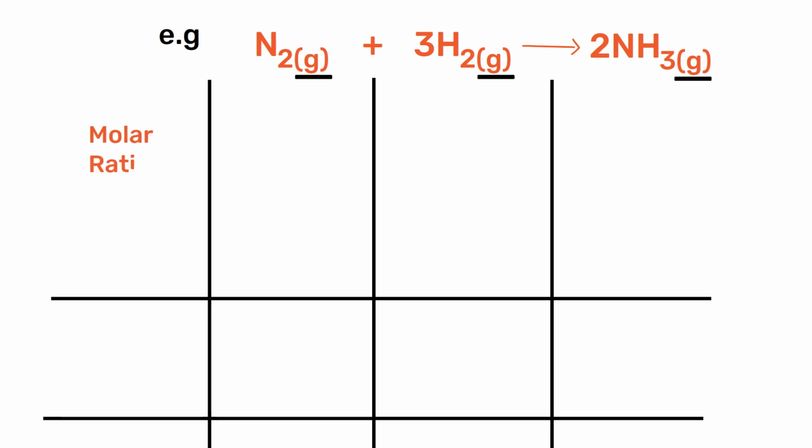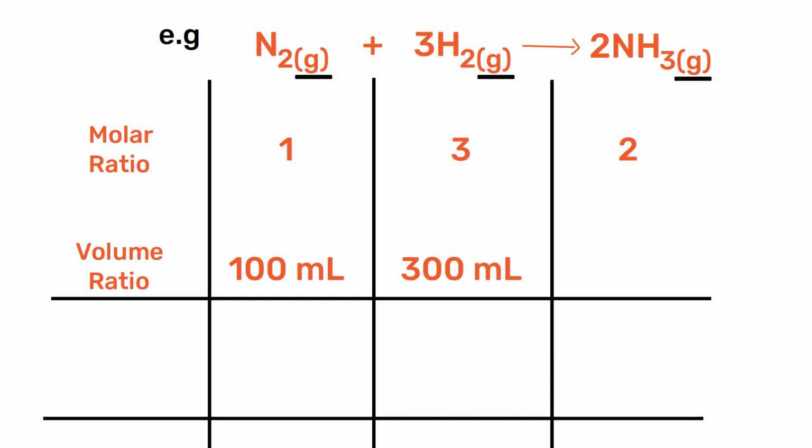And the molar ratio would be 1 mole of nitrogen reacting with 3 moles of hydrogen to give 2 moles of ammonia. Now, according to the law of combining volumes, the volume ratio is the same as the molar ratio. So, for example, if you have 100 milliliters of nitrogen, it will react with 300 milliliters of hydrogen to give 200 milliliters of ammonia.